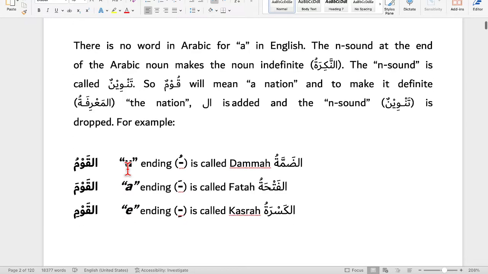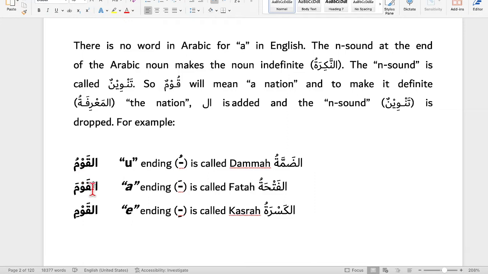For example, qaumun, a nation. To make it definite, we add al, so it becomes al qaumu. The un sound is gone. It's just now the soft u sound. That u ending is called dhamma.